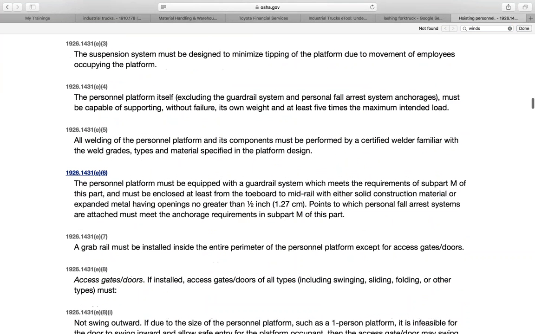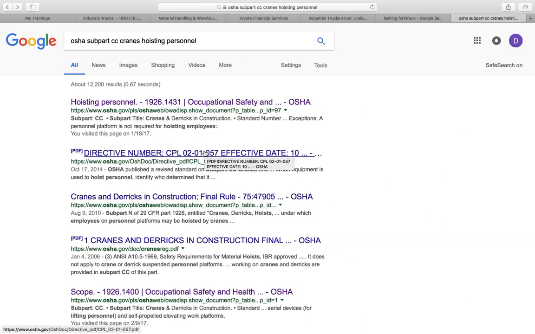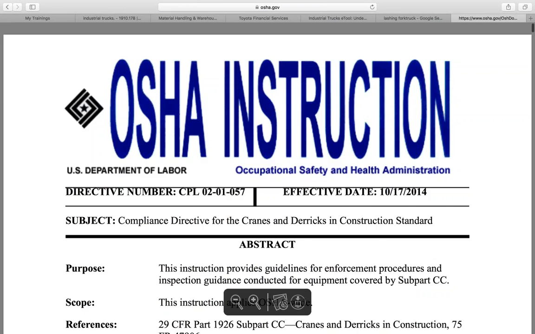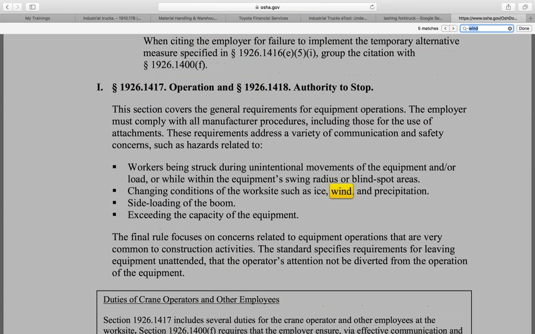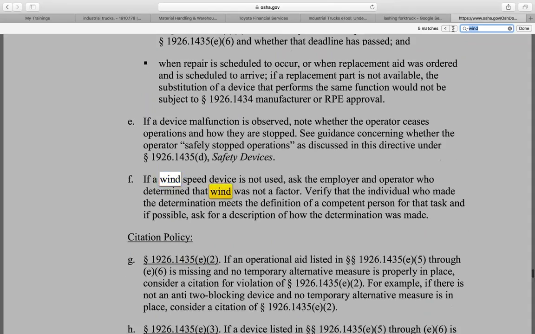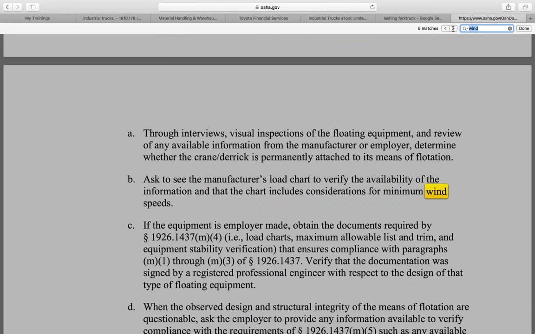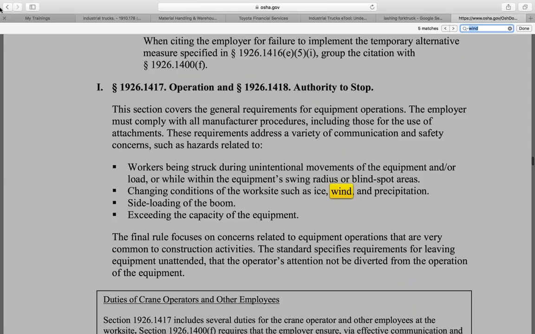Okay, so here's your OSHA. This is your CPL, your compliance directive. Okay, and it'll be one directive for us, and then let me pull up the actual standard itself.